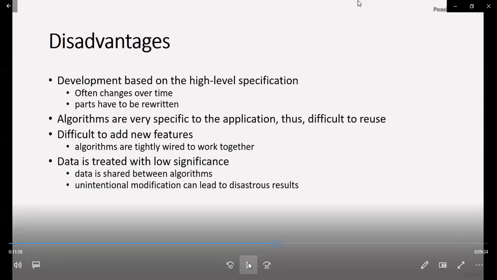Instead, the data is available globally. That means every algorithm can access any data. Because of this, some unintentional modification of data can lead to disastrous results. That means it doesn't give me any proper result.